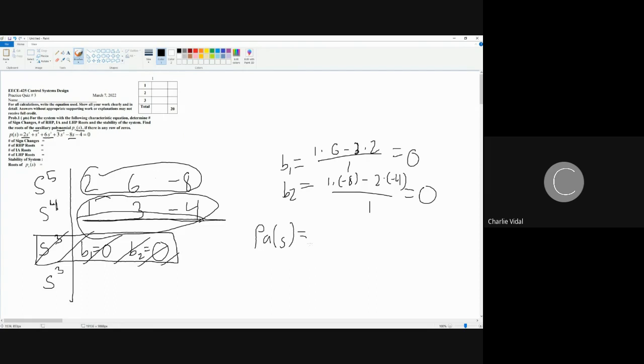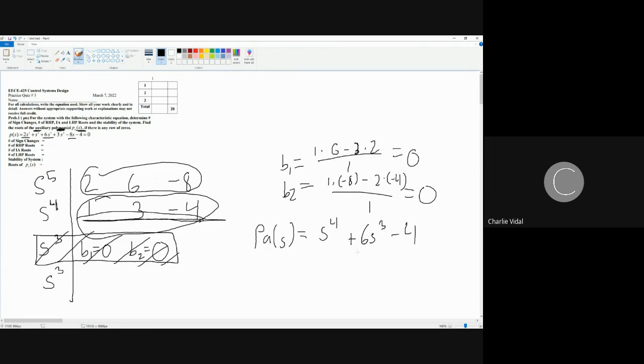A better way to explain this is we're focusing on all of these numbers with the little dash on the top, because that's the last row. So we're going to do s to the fourth plus 6s cubed minus 4.